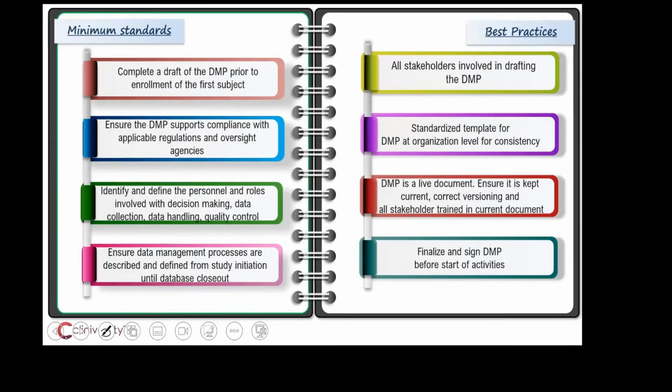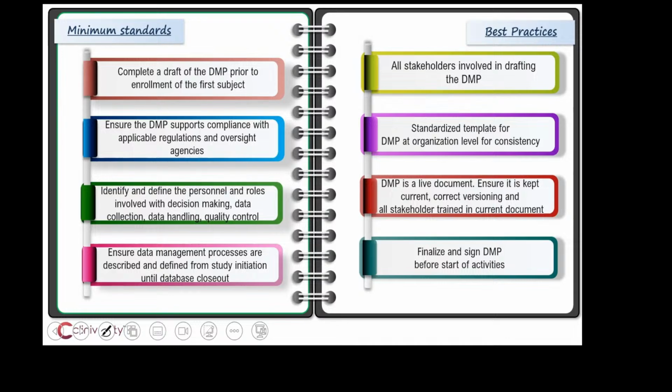Then let's look at certain minimum standards. Now the minimum standards of the DMP: the first one is to complete a draft of the DMP prior to the enrollment of the first subject.